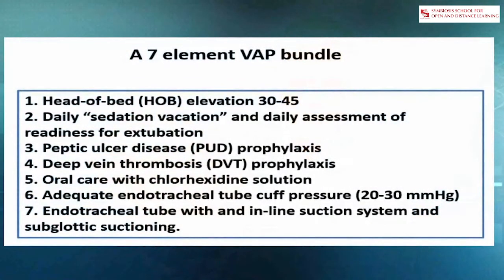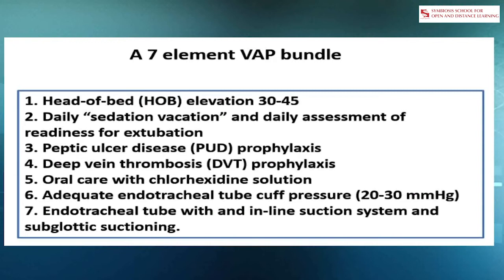So, I will go through the 7 elements of the VAP care bundle: head end of the bed elevation to 30 to 45 degrees, daily sedation vacation and daily assessment of readiness for extubation, hand hygiene, again the most important thing, deep venous thrombosis (DVT) prophylaxis, and oral care with chlorhexidine solution, very important.